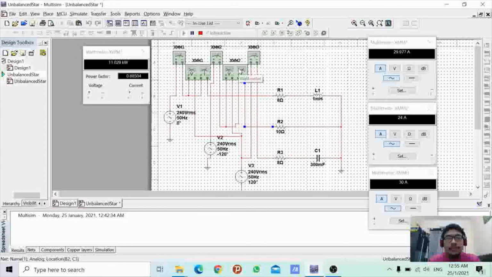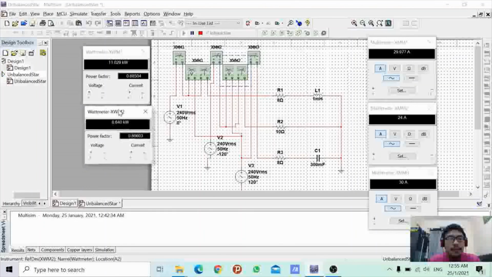So the value shown is 8.64 kilowatt, and then we add them together to get the total power, which is 19 kilowatt something, and it is approximately the same as the result that we get from the calculation of the total power.